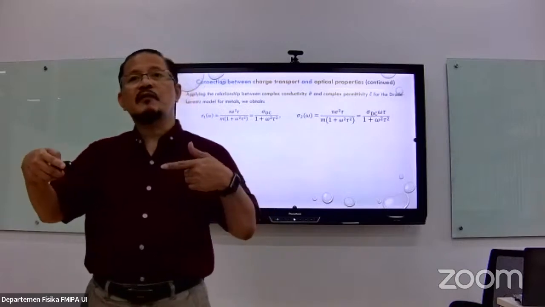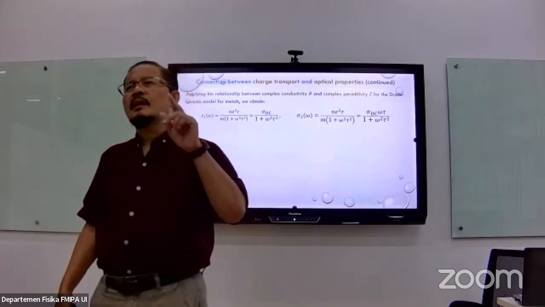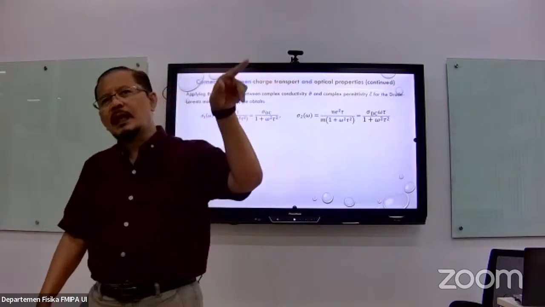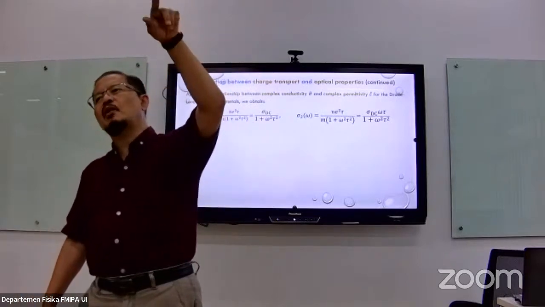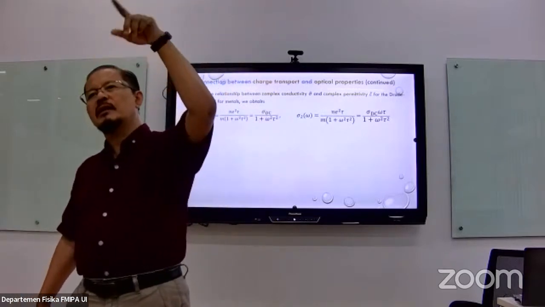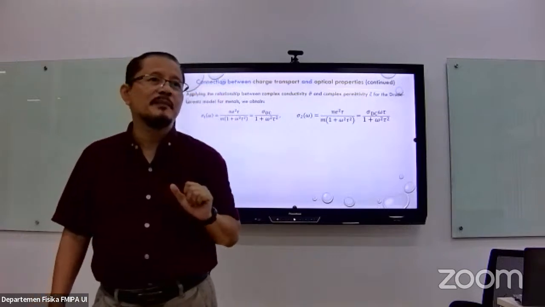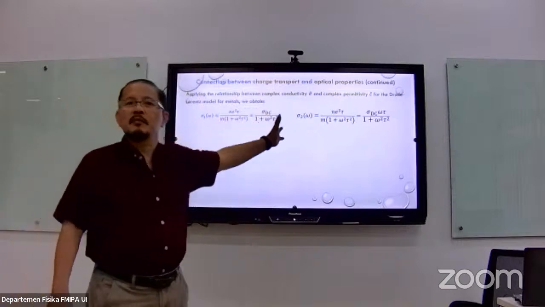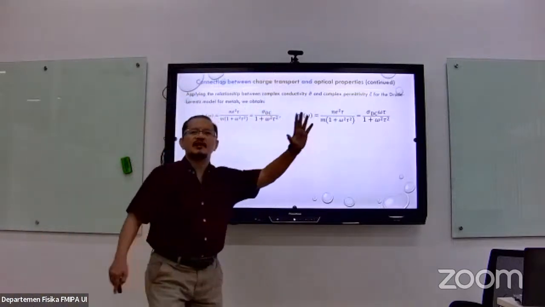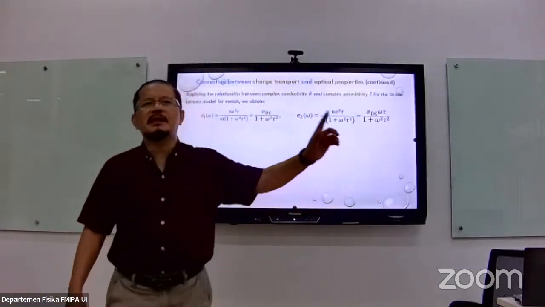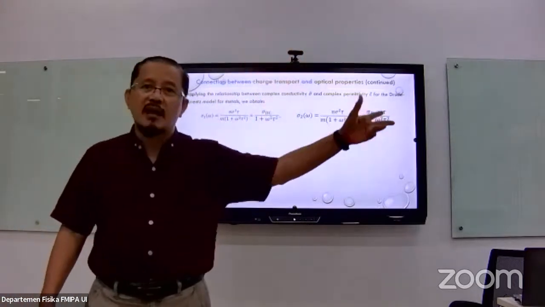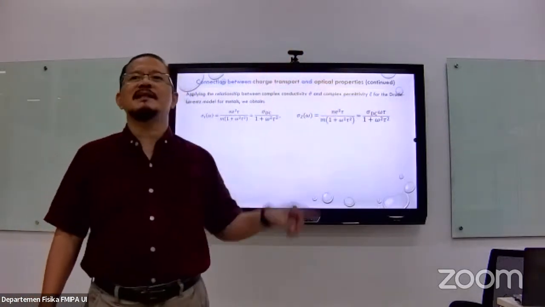A constant field can be associated with the oscillatory, time-dependent behavior by setting omega equal to 0. From the whole function that we have obtained, you simply take the omega equal to 0 result, and that gives you sigma.